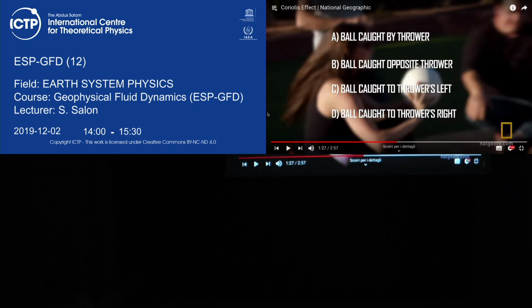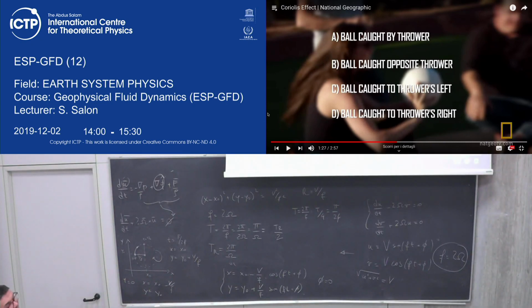According to what we did, this is exactly what we are saying now. So this is rotating counterclockwise. It's exactly the same problem.